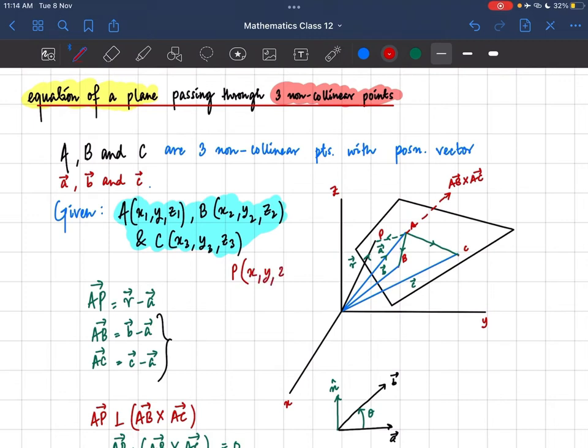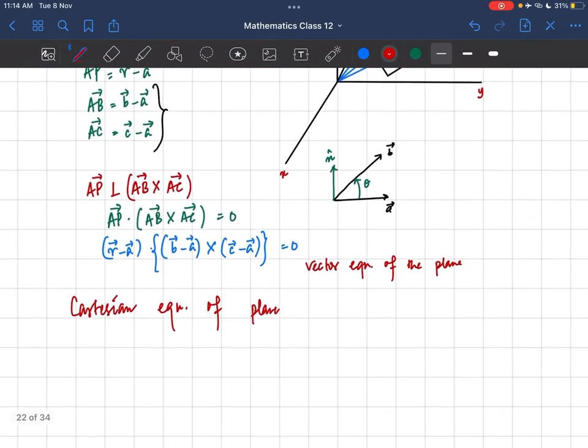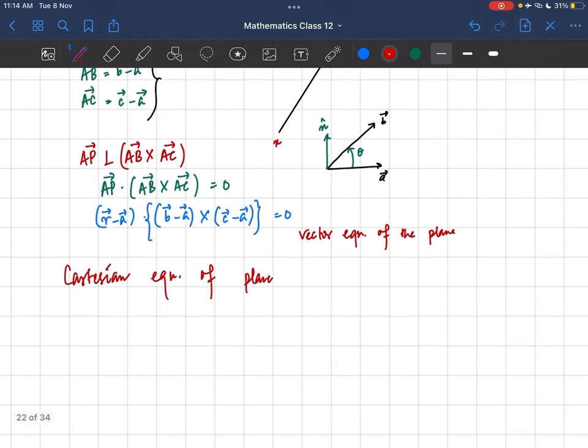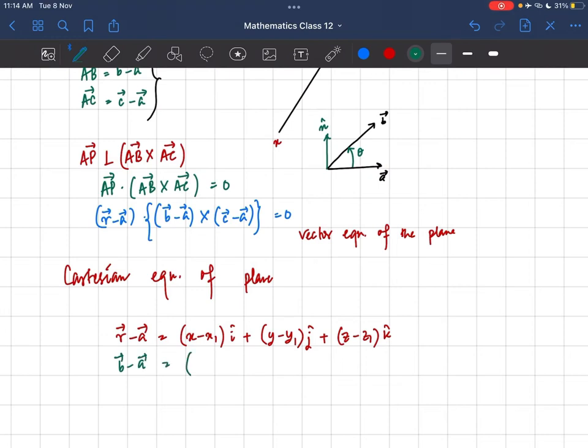So what do we have to find? We need to find R minus A. R minus A is nothing but x minus x1 i cap plus y minus y1 j cap plus z minus z1 k cap. So this is how we get R minus A. Now you need to get B minus A. The coordinates of point B are x2, y2, z2, so it comes out to be x2 minus x1 i cap plus y2 minus y1 j cap plus z2 minus z1 k cap.